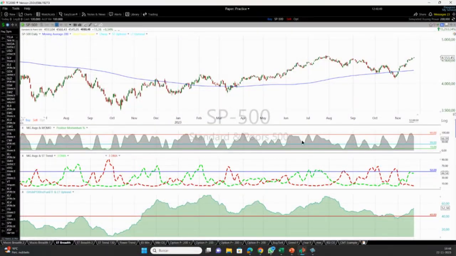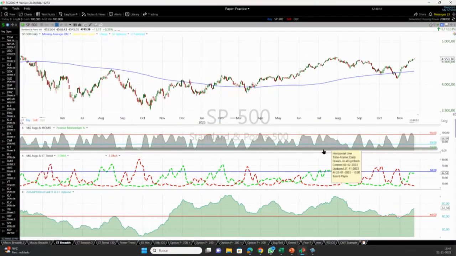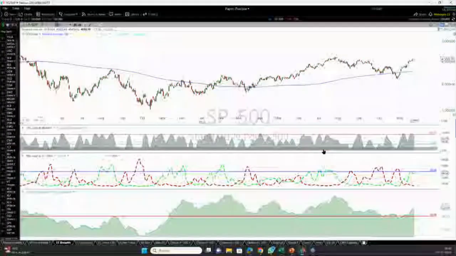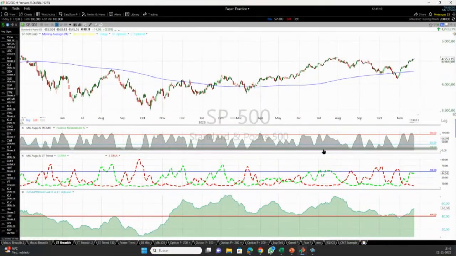I'm just showing you ideas of how, whatever indicator you use, you can turn it into a breadth study. And what I suggest is you use one for short-term signal, one for medium term, and one for long term, and probably one of those breadth studies will be also useful for you for mean reversion signals.